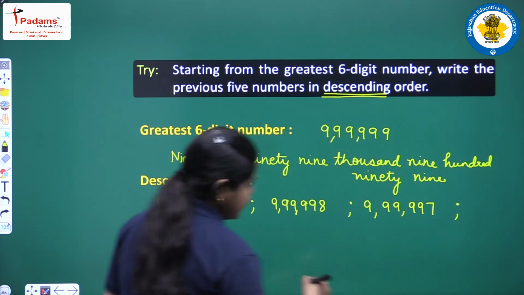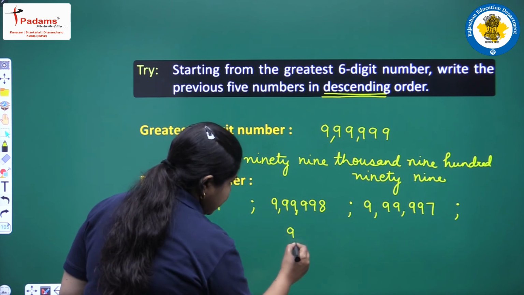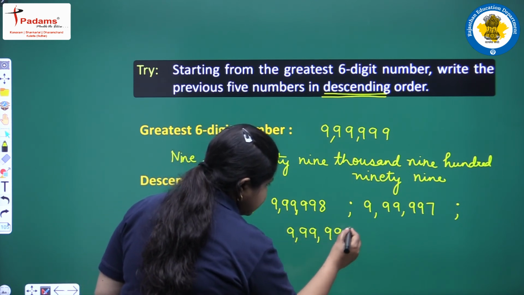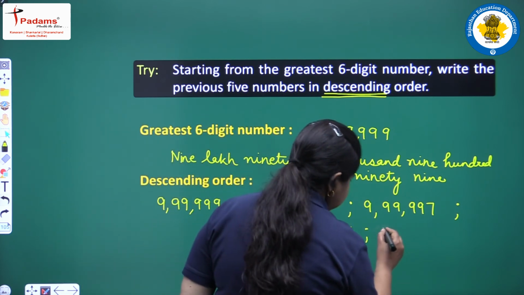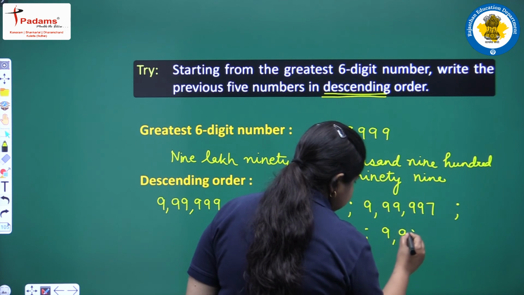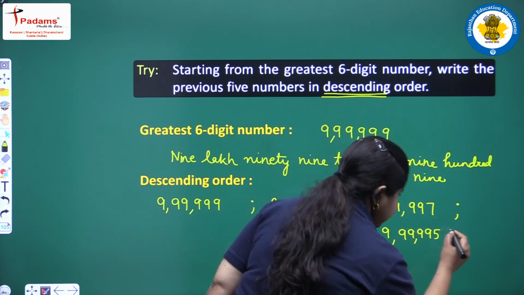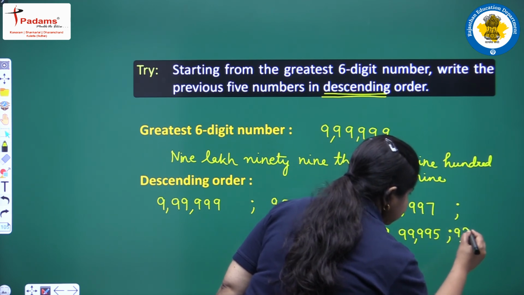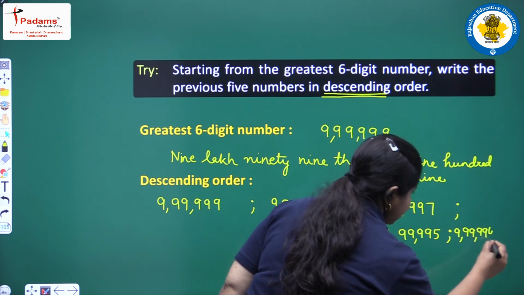Then the next one in descending order, 9,99,996. Again subtract 1, 9,99,995. Next number will be 9,99,994.